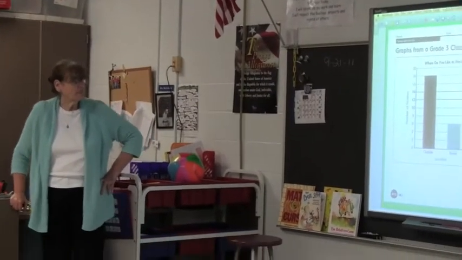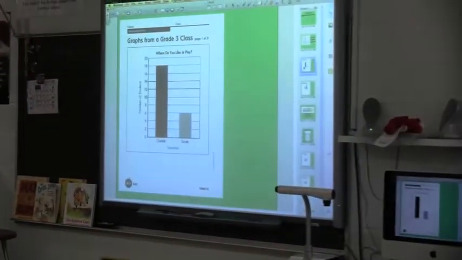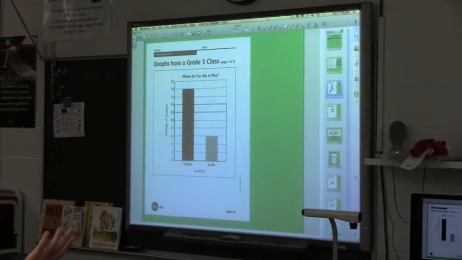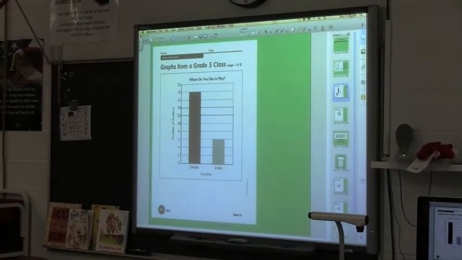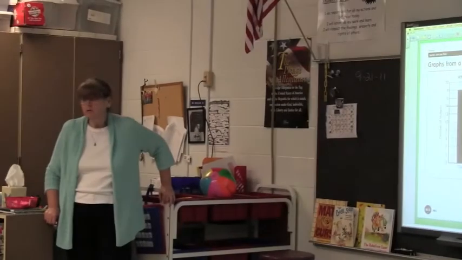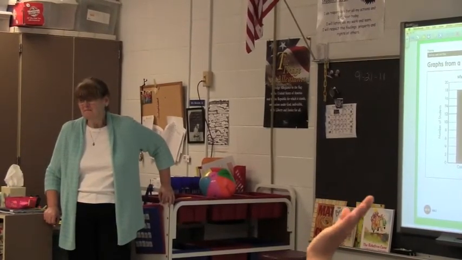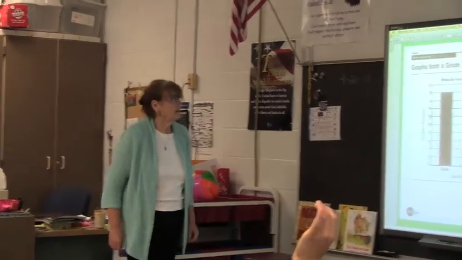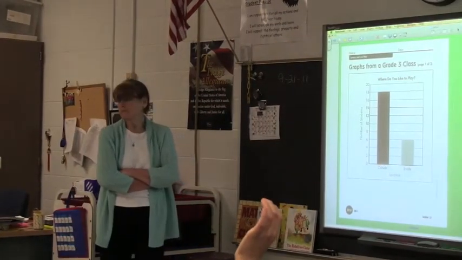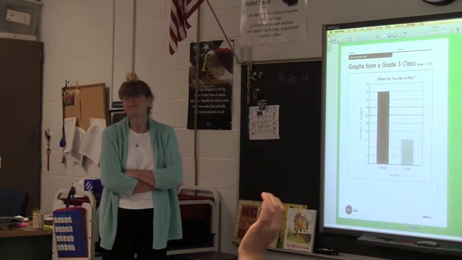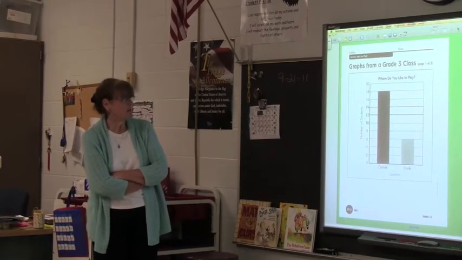They asked where do you like to play, outside and inside, but who did they ask this question to? Third grade. How could you tell? How do you know? How could you tell that it was a third grade class? Says it on the top. Absolutely, it says it on the top.